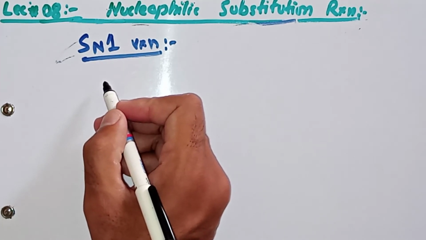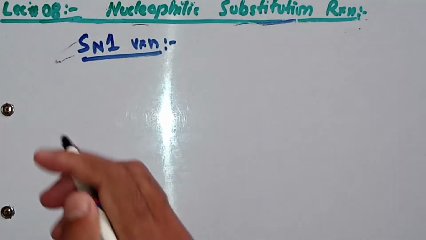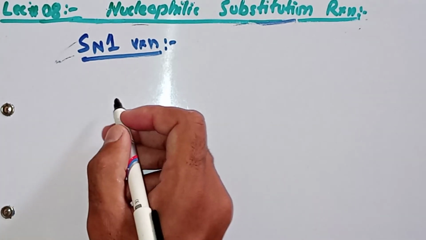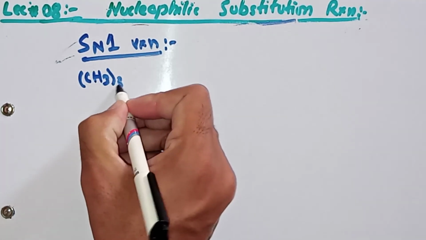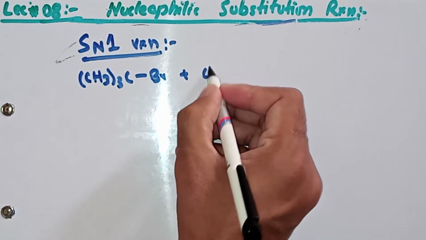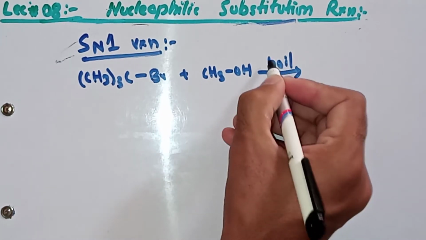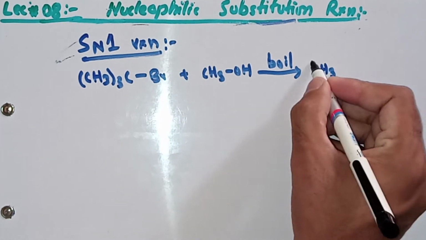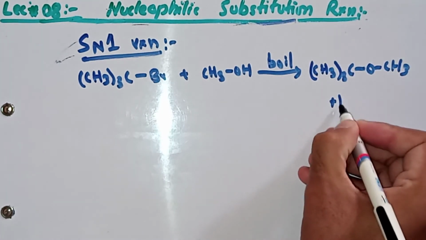Example of solvolysis, a substitution: when tertiary butyl bromide, (CH3)3CBr, is placed in boiling methanol, CH3OH, it produces (CH3)3COCH3 plus HBr.